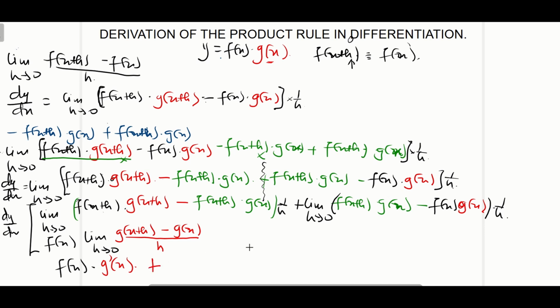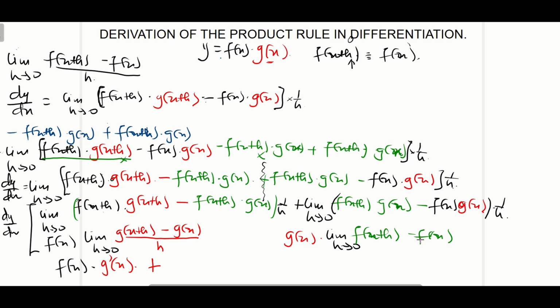Let's see what the next one will also give us. Let's see what is common over here as well. g of x is also common, so we can factor out g of x. When we factor out g of x, we are left with the limit as h approaches 0 of f of x plus h minus f of x.